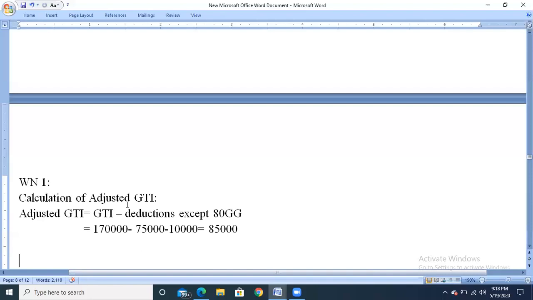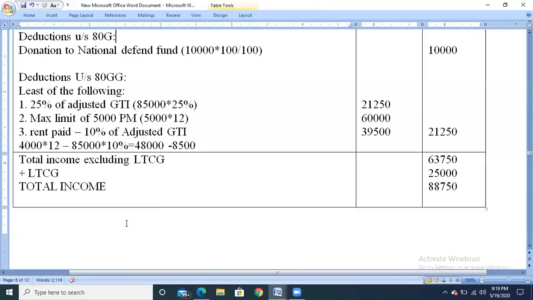So here we are going to calculate the adjusted gross total income for section 80GG. Adjusted gross total income equals total income minus deductions except 80GG plus casual income. If there is any casual income, it has to be added back.